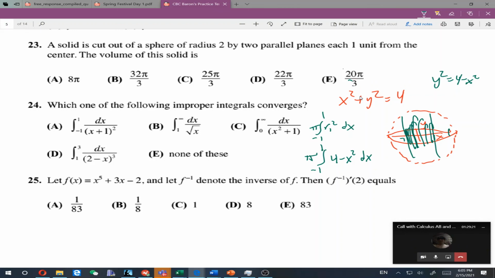This whole radius, when I spin this out, is still going to spin out that circle. Okay, that still does work.